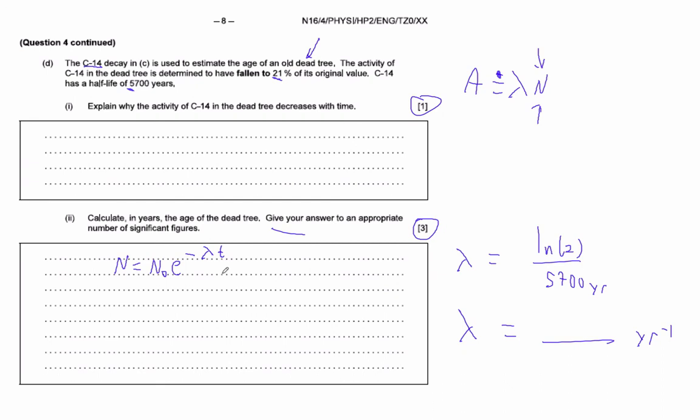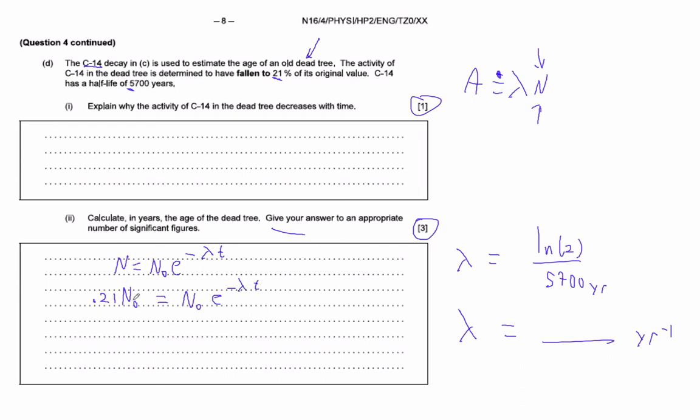They say that the activity has fallen to 21%. So we're going to say that 0.21 times the original activity is equal to the original activity times e to the minus lambda t.